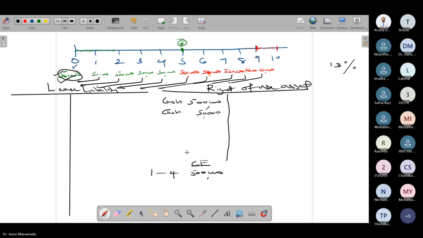Then year 5 to year 9. Don't mistakenly take year 10; if we take year 10, that's wrong. Year 5 to 9, cash flow 550.